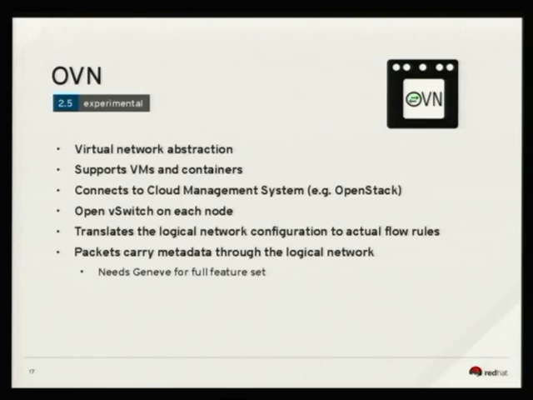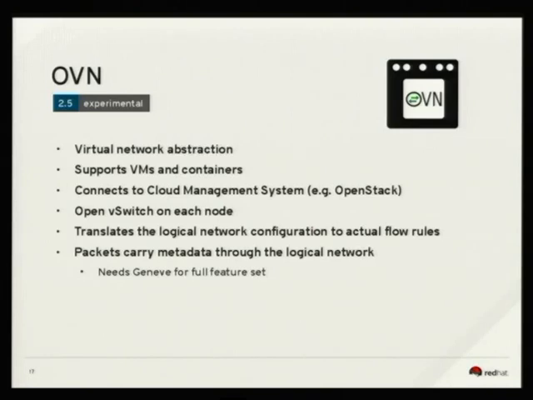So the net will be really interesting thing in 2.6. With the upcoming 2.5, there's another really new thing that's called Open Virtual Network, and that resides inside the OVS project, but it's kind of higher level than OVS.